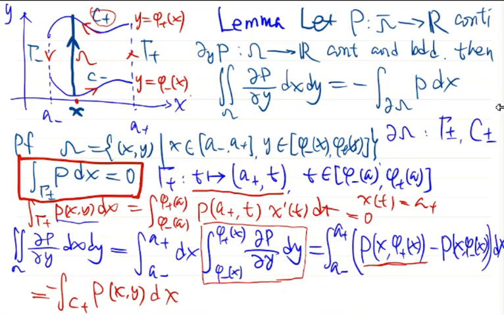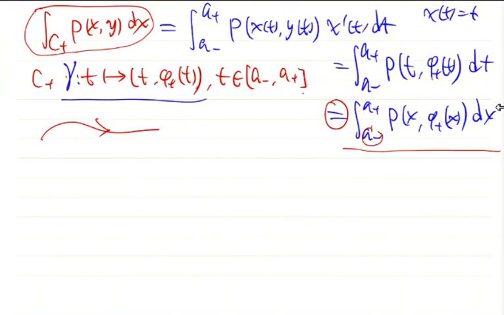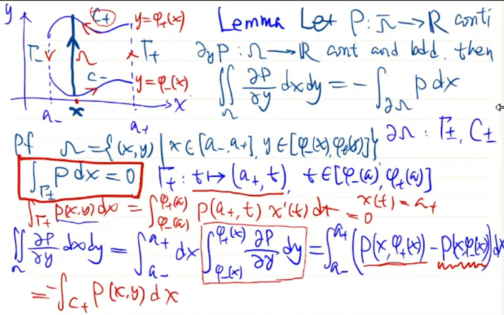Now the second term is p(x, phi minus), that is the lower boundary. The computation is similar to the upper boundary, but the difference is that for the lower boundary, when x increases from a minus to a plus, the corresponding orientation for the curve C minus coincides with our required orientation. So we don't need to add a minus sign in front of the integral, but we already have a minus sign here.